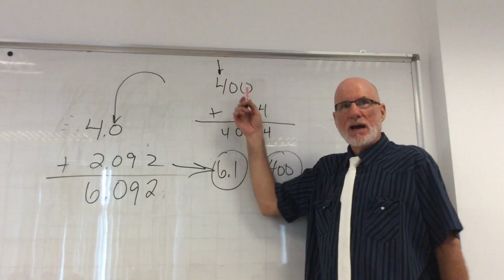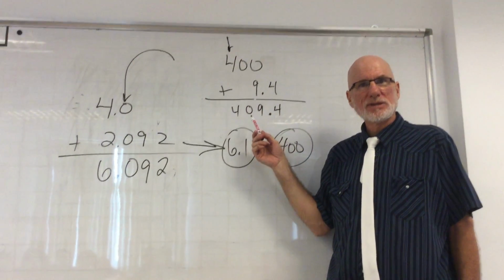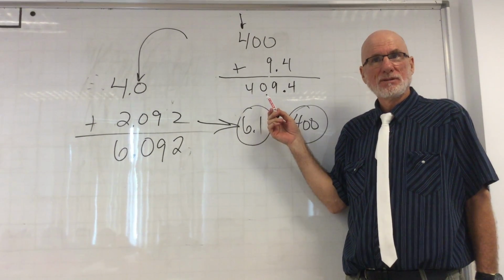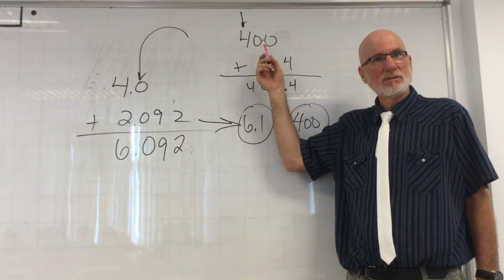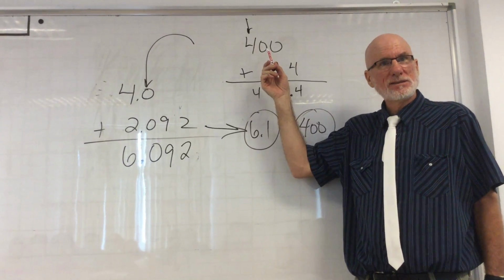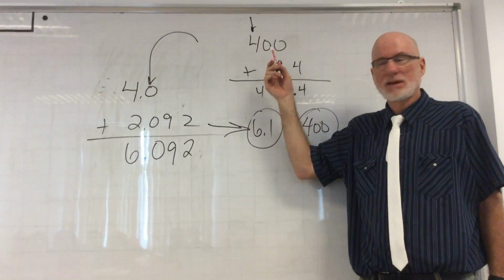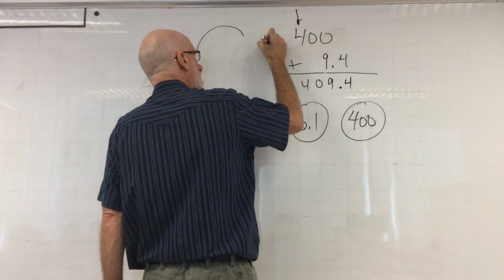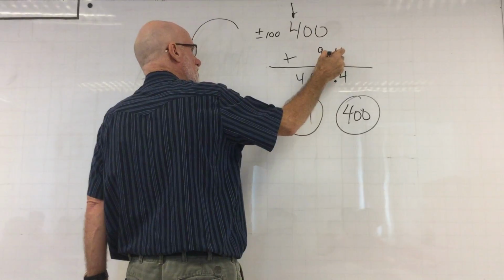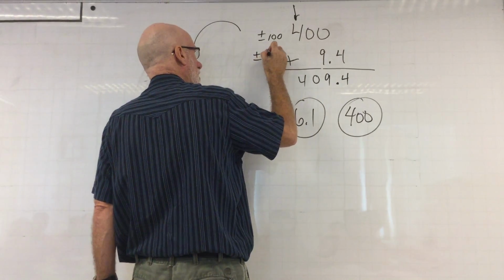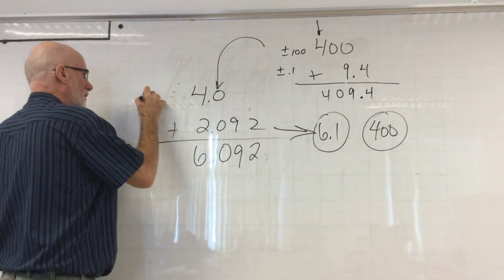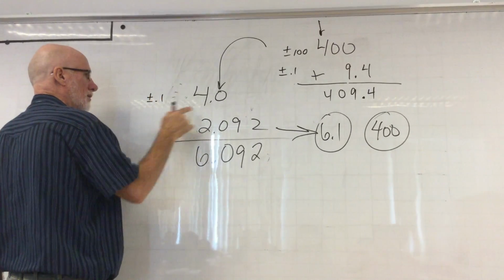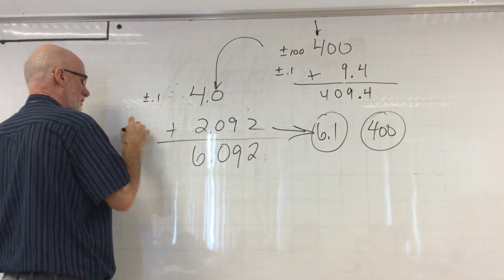When adding and subtracting, your answer must have the same precision as the measurement with the worst precision. Yes? You understand that? Okay. What's the precision here? What's the precision here? What's the precision here? Ones. Oh, tenths.